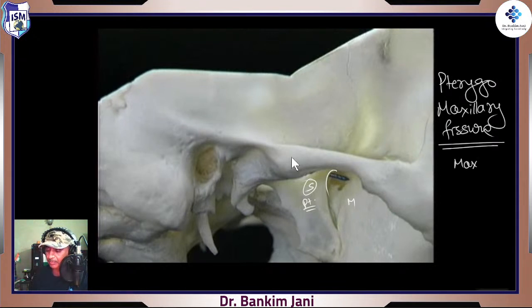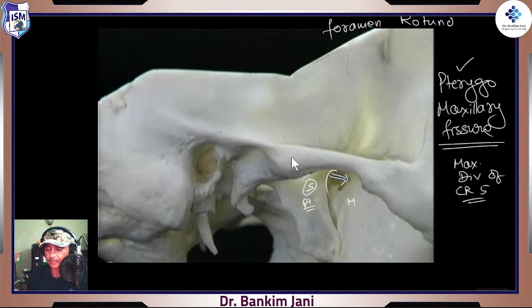The maxillary division of trigeminal nerve, cranial nerve number 5. Yes, it makes sense because it is going to meet towards this maxilla, right? Very fine. So this is the important thing, that foramen rotundum opens into the pterygomaxillary fissure, right? Good.